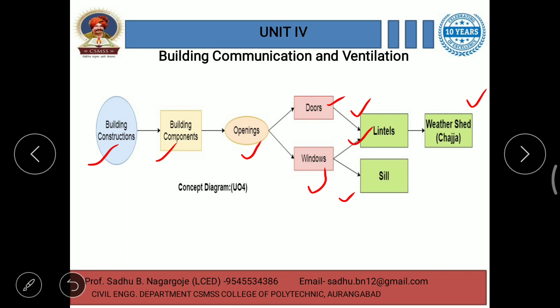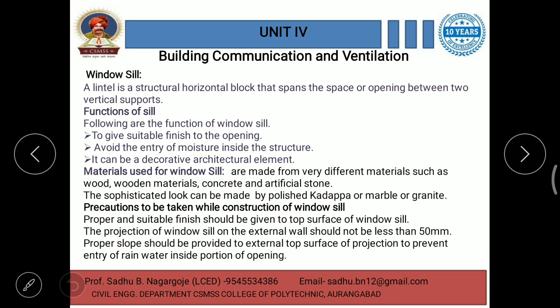Weather shade or sunshade or chhajja, all these are provided at the lintel level. Our chhajja or weather shade or sunshade is fixed with the lintel. So this is the concept diagram showing all these things.